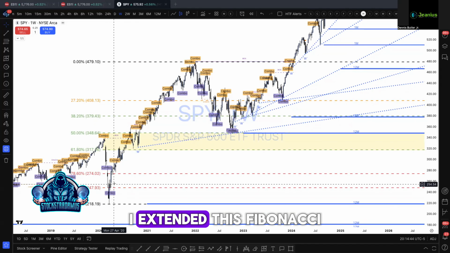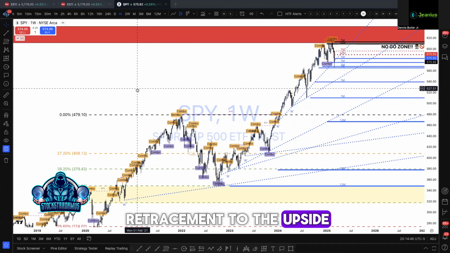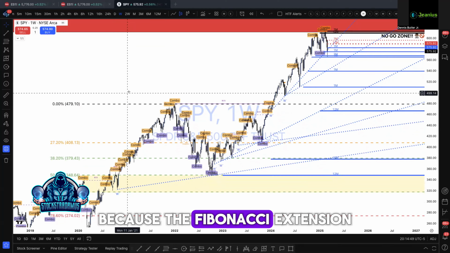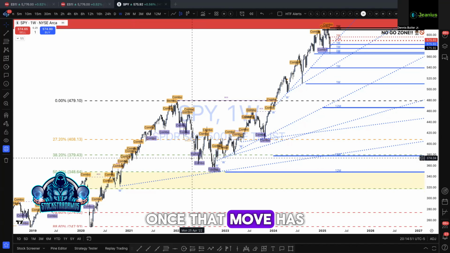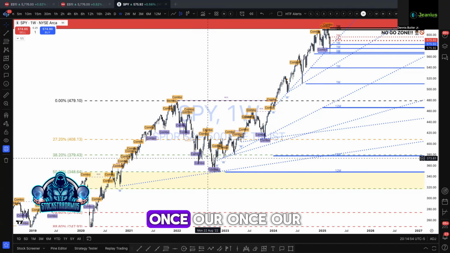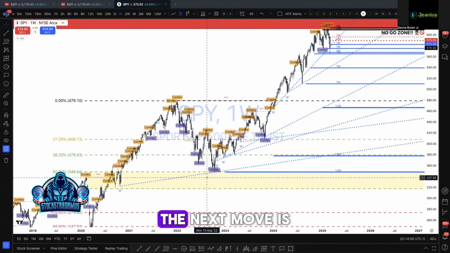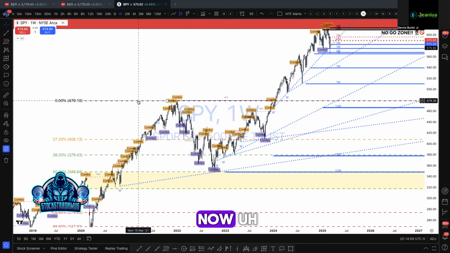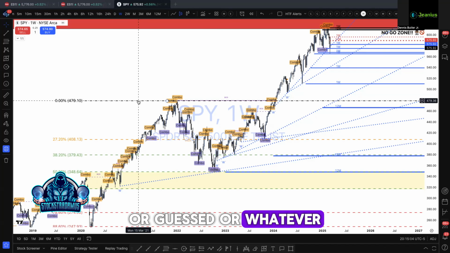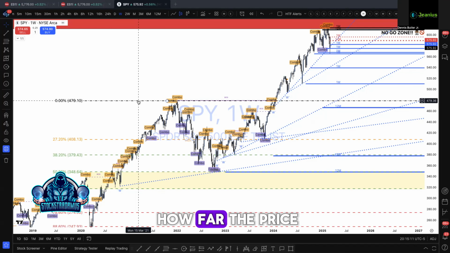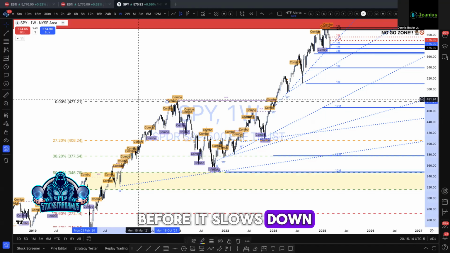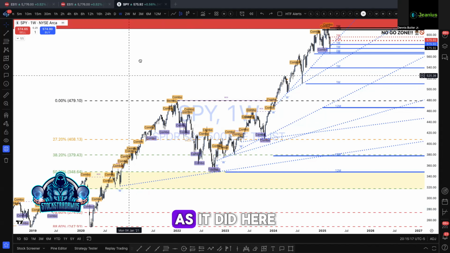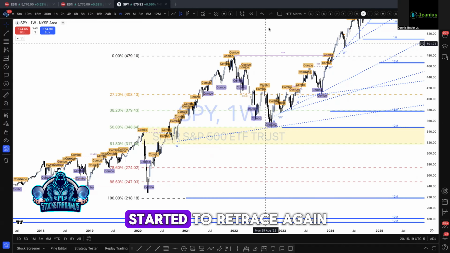And so I extended this Fibonacci retracement to the upside, because the Fibonacci extension tells us that once that move has retraced completely, once our retracement is complete, the next move is, I won't say assumed or guessed, but the Fibonacci retracement paints a possible outcome in terms of how far the price should go before it slows down and starts to retrace again, as it did here when it pushed and started to retrace again.